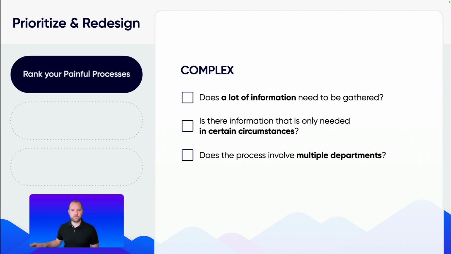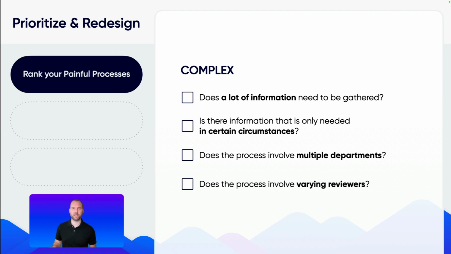The third question, does the process involve multiple departments? A really great example of this could be a field trip request might need approval from everybody under the sun. Business, curriculum, transportation, the nurse, superintendent, maybe even the board if it's an overnight trip or maybe an overseas trip. That adds to the complexity for sure.